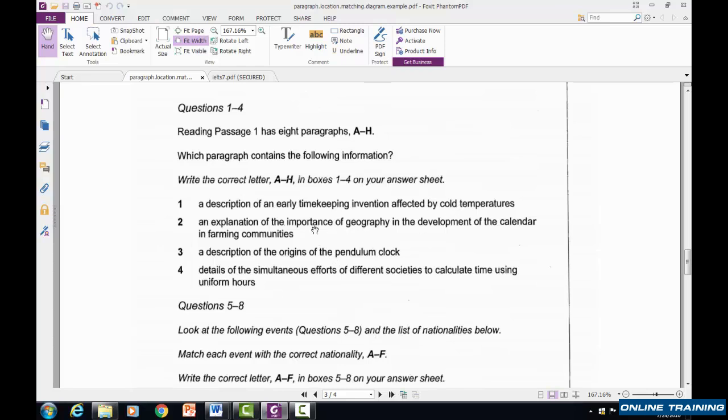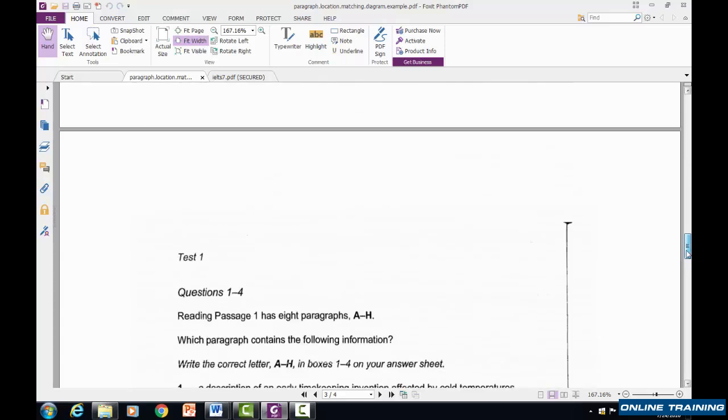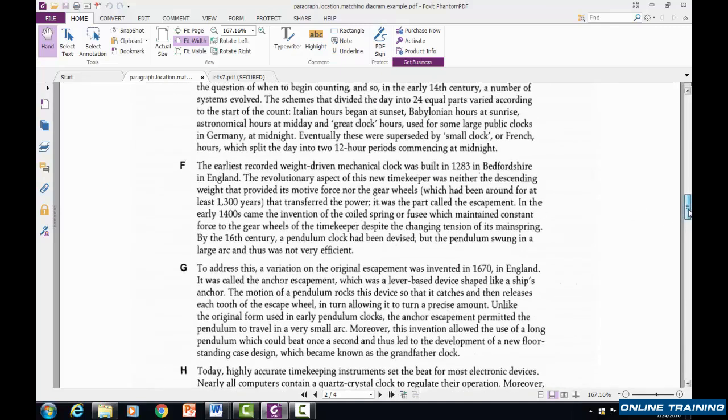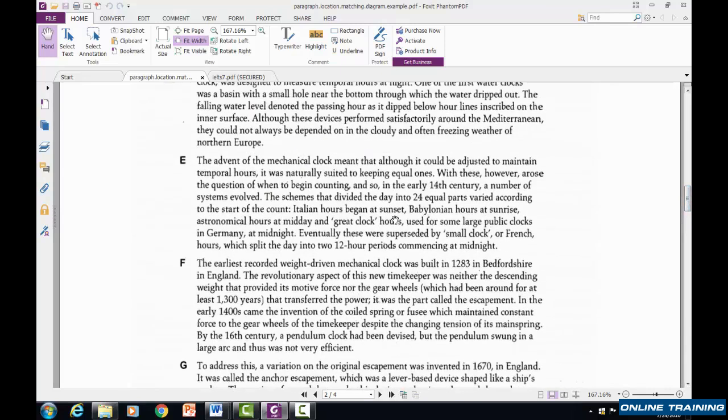Now, some of you might ask, well, how come paragraph E is not the right answer for number 1? Because number 1 talked about early timekeeping invention and also cold temperature, right?